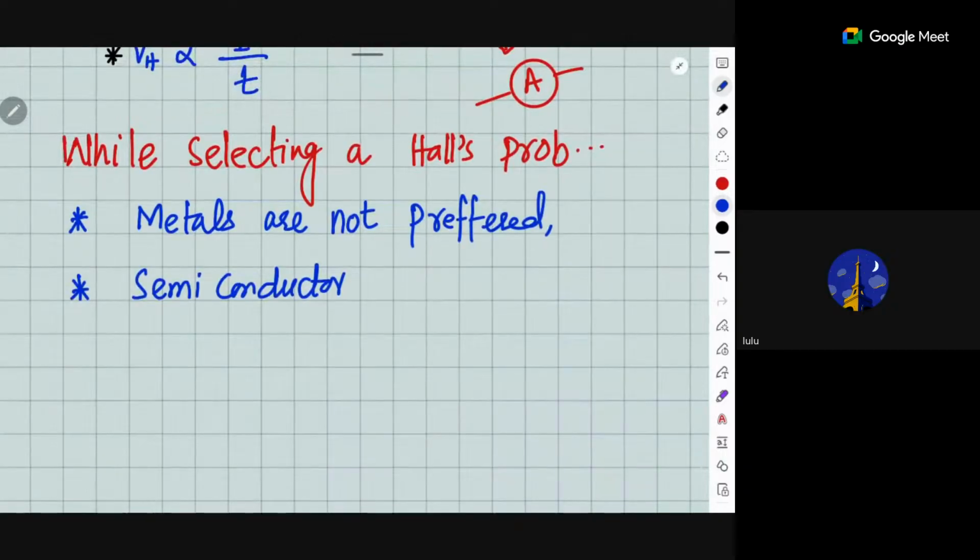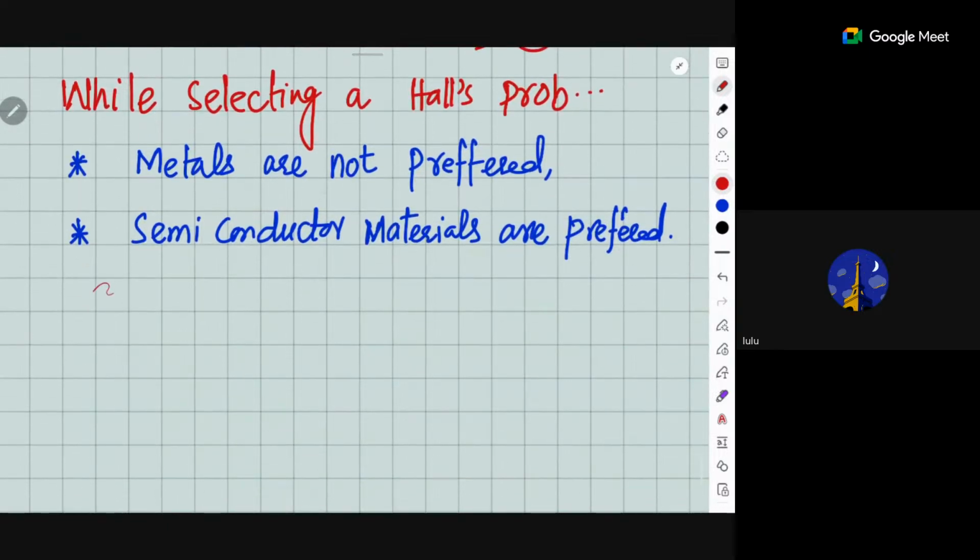Metals are not preferred. Semiconductor materials are preferred. You can ask me a question: why? Can you answer this question?